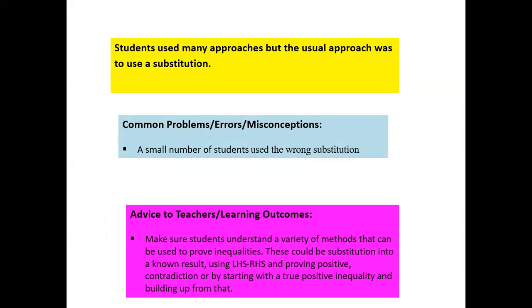Those could be just substitution into a known result, or using left-hand side minus right-hand side and proving positive, or contradiction, or starting with a true positive inequality and building it up from there. So as you can see from the variety of methods, it opens up many different approaches for this particular question.